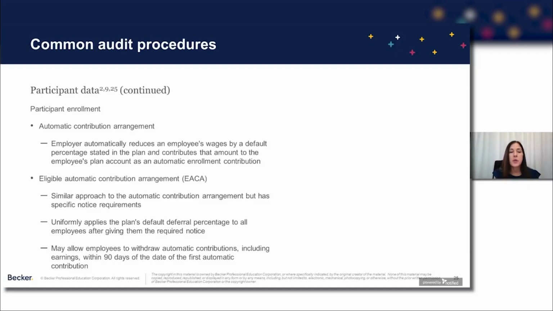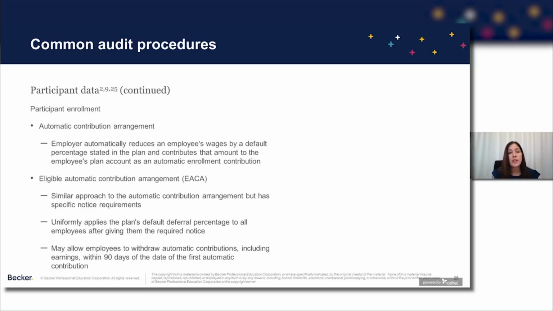The simplest one here is that very first one, where the employer automatically reduces an employee's wages. They set up a default percentage that's stated very clearly in the plan. And then they contribute that automatically withheld portion over to the participant's account. And that's an automatic enrollment contribution.